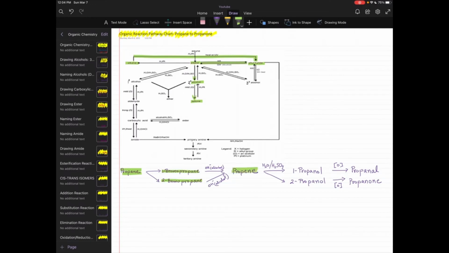After the alkene was produced, we went through an addition reaction to add hydrogen and the hydroxyl group across the double bond, and we were able to produce 1-propanol and 2-propanol. When these undergo an oxidation reaction, and we are interested in making the ketone, we will be able to make our propanone. I hope you liked this lesson and you were able to learn how to convert propane into propanone.